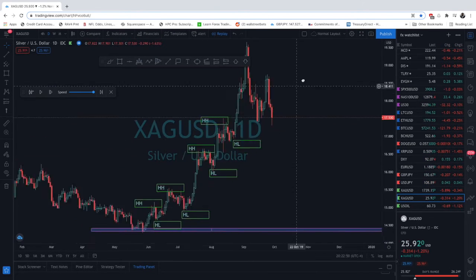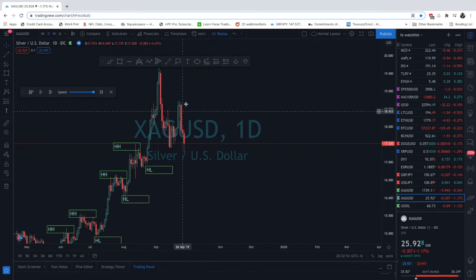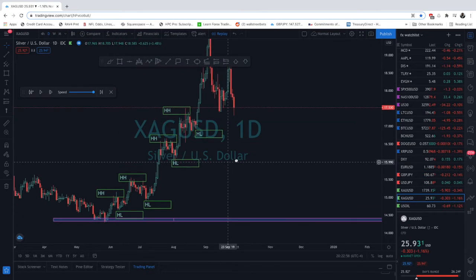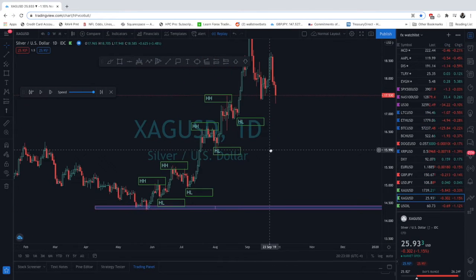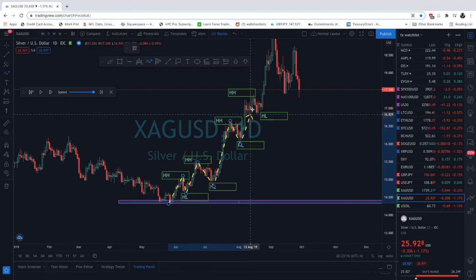Okay, so I'm gonna stop right here, because I have a feeling it's gonna start selling off, which I'll explain in other videos as to why I feel like it is. But I want us to focus on what we talked about a second ago in the diagram when I drew it out to you on the dry erase board. How price creates a wave, you know what I mean? Up, down, up, down, creating these higher highs, these higher lows, and so on and so forth.